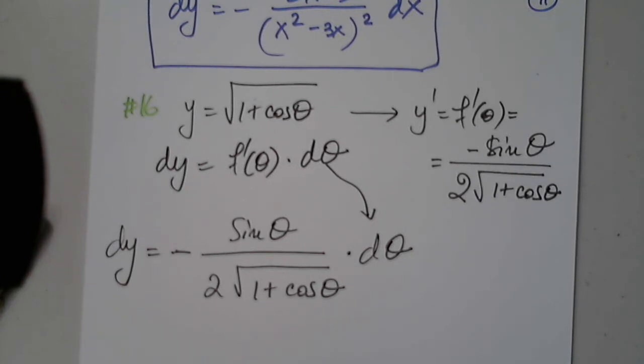Evaluate dy for the given values of x and dx. And then 23 through 26. Compute delta y, dy, and then sketch the diagram. You don't have to sketch the diagram. We already did sketch the diagram several times. We know that delta y is approximately dy.